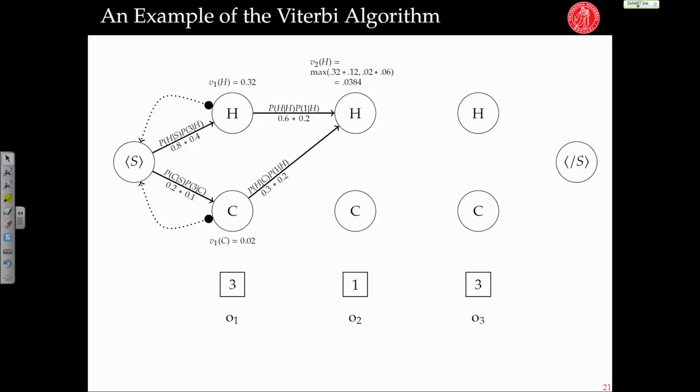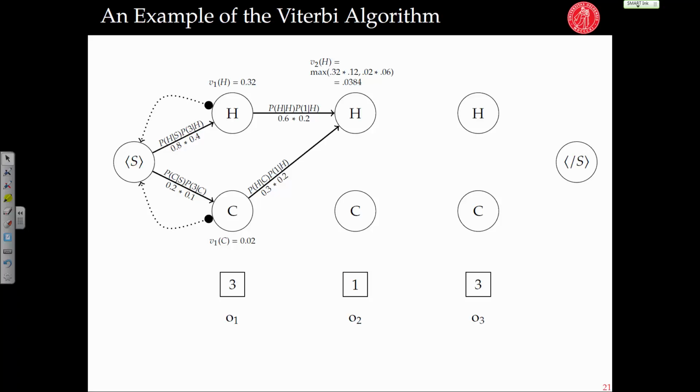And we want to find the maximum probability of state H in time point 2, based on all possible preceding states. Meaning that for the first one here, transitioning from H to H, we compute the transition probability, H given H, and the emission probability, 1 here, given H.